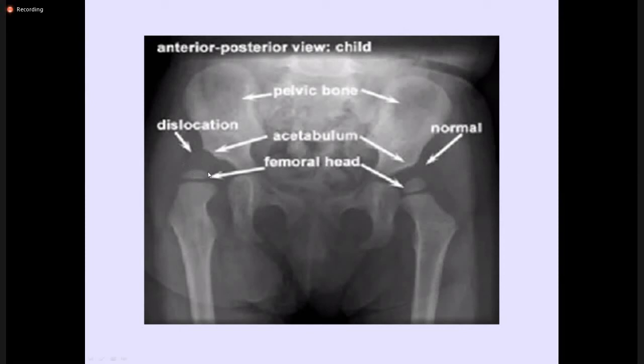It is not inside the acetabulum but outside of it. Look at the difference between these two. This is a dislocated hip, and this is a normal hip joint. This is the anteroposterior view. Look at both pelvic bones and the hip joints. This is a normal hip joint, and this is a dislocated hip joint.